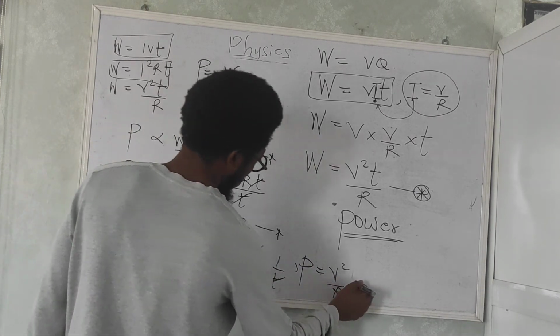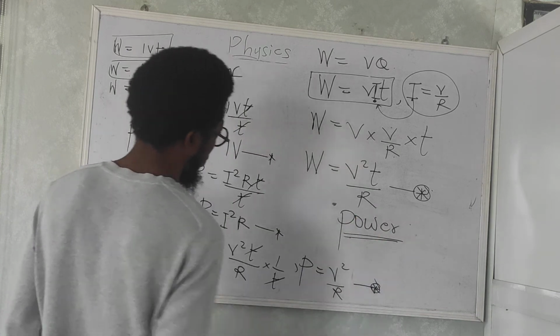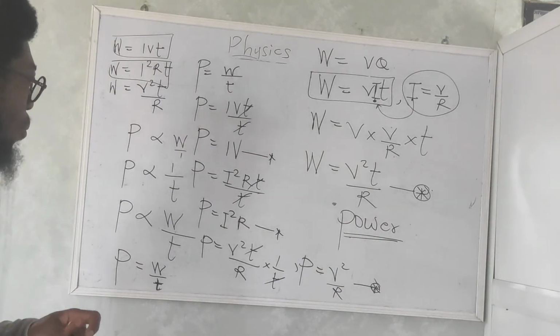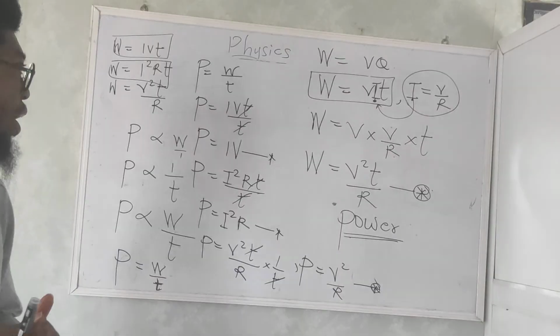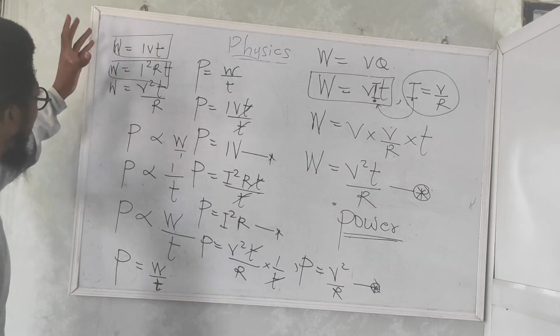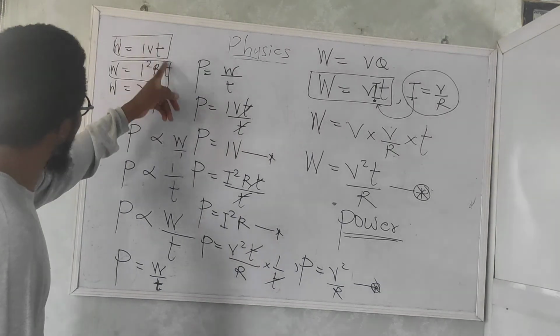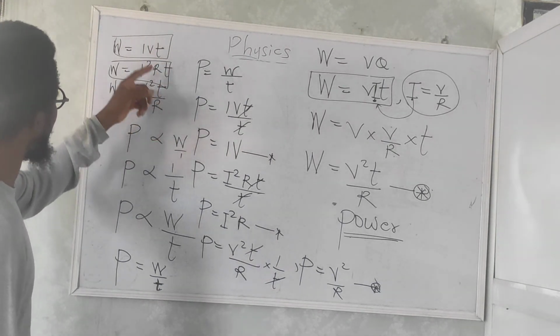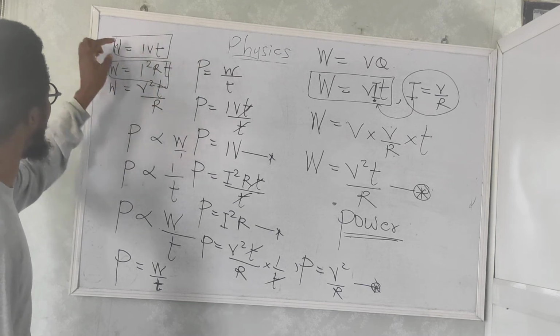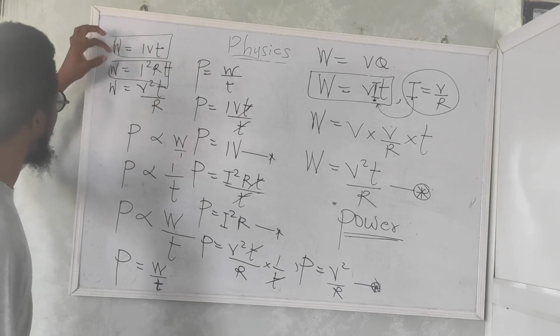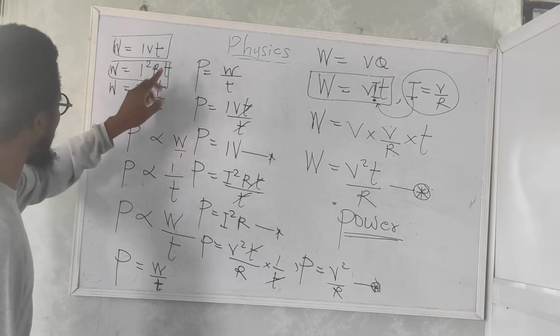That's all. These are the 3 important equations to calculate power whenever we talk about electricity. You can take your time to memorize this. Remove time if you are thinking about power. If I remove time, work or energy equals IV becomes power equals IV. I squared R if I remove time.